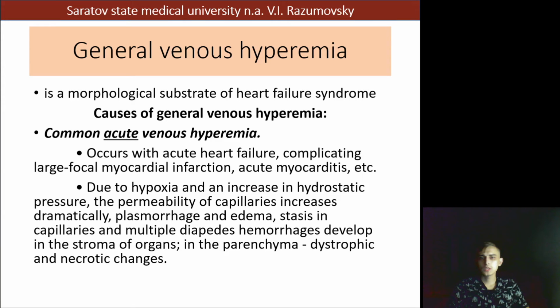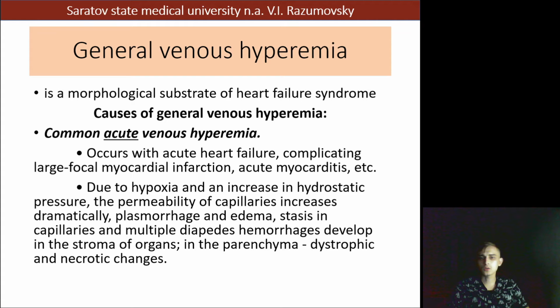Due to hypoxia an increase in hydrostatic pressure and permeability of capillaries increase dramatically. Plasmorrhagia and edema, stasis in capillaries and multiple diapedesis hemorrhages develop in the stroma of organs. In parenchyma, dystrophic and necrotic changes.